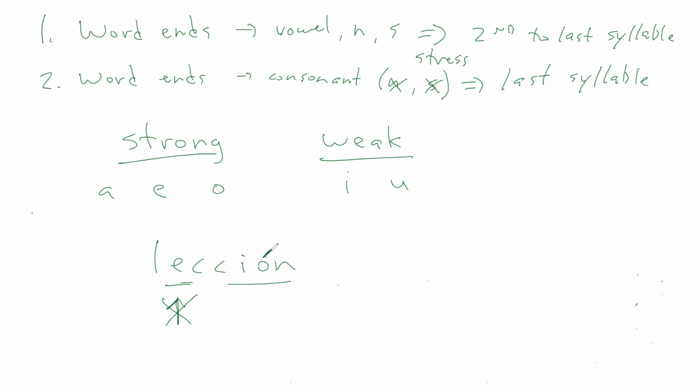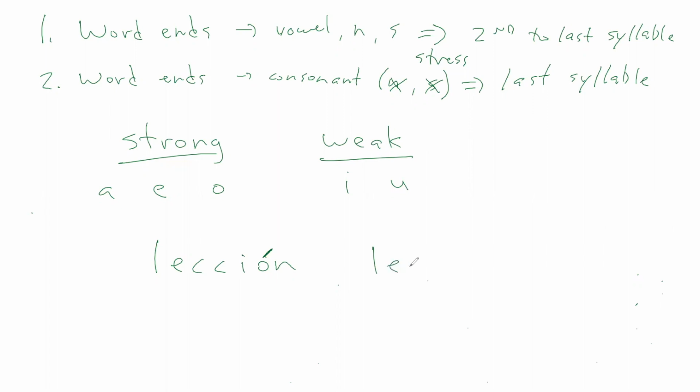If you have a weak and a strong, the strong is naturally going to take the stress. So this word is lección, accent on the O, and we have the diphthong, the IO. One interesting thing about these ION words, any word in Spanish that ends in ION, it's pretty much going to have a written accent on the O, because that's how it's going to work when we apply the rule.